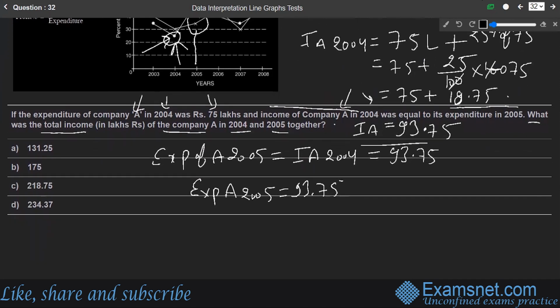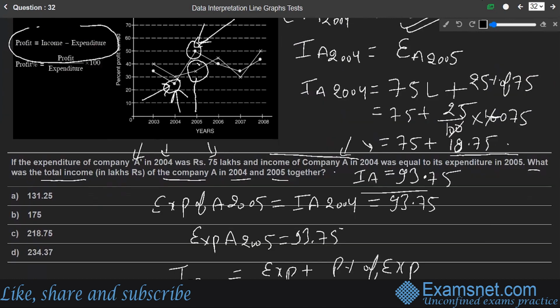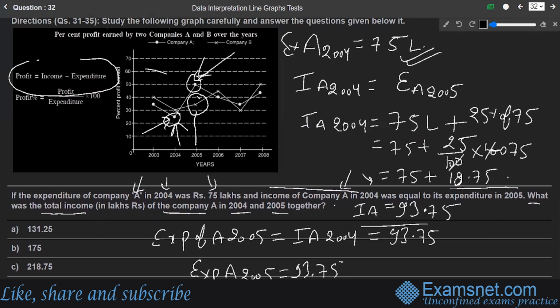So how can we calculate the total amount? The income in 2005 by company A will be nothing but the expenditure plus the profit percent of the expenditure. So the expenditure value is 93.75, plus the profit percent in 2005, which is 50%.